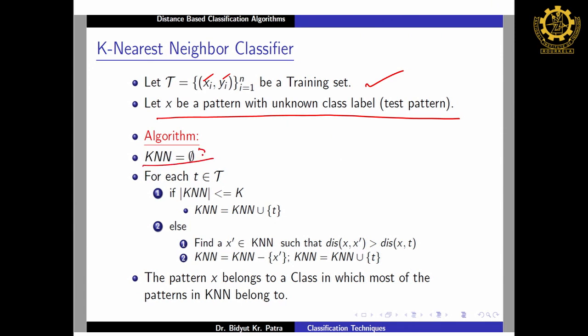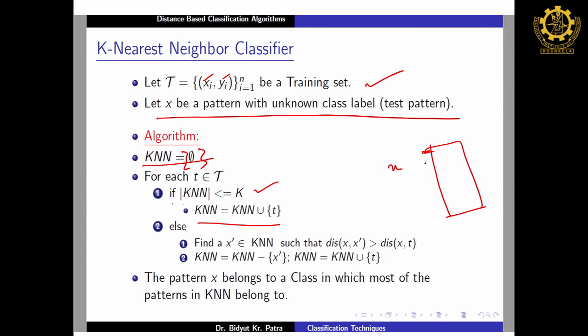Then for each t in the training data set, if the cardinality of the KNN set is less than or equal to k, initially it was null, so its cardinality is 0, which is less than k, so you include that point into the KNN.